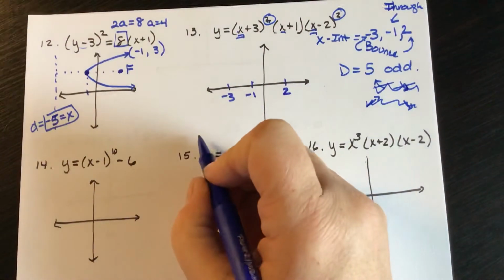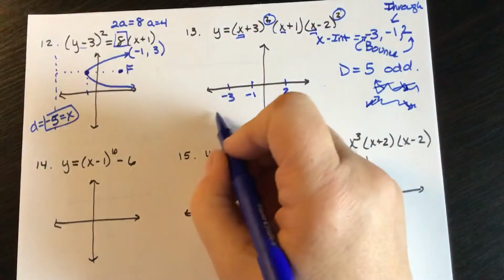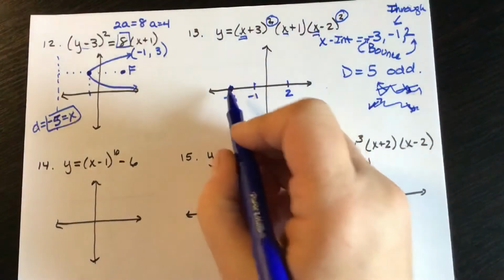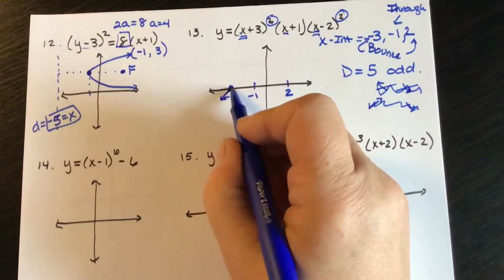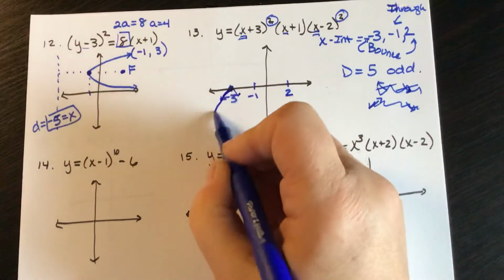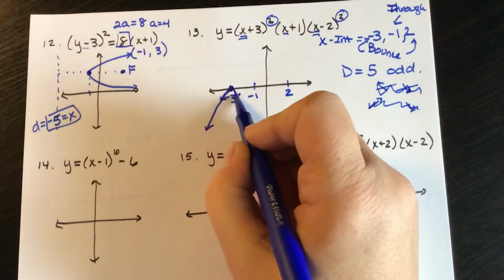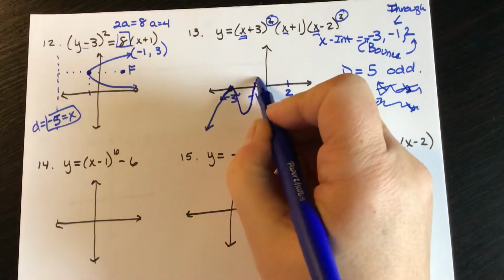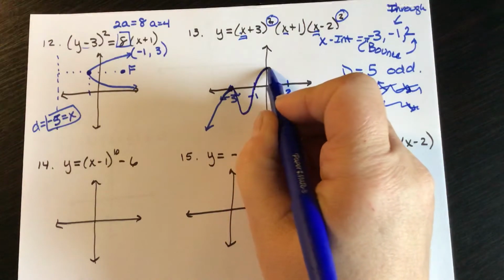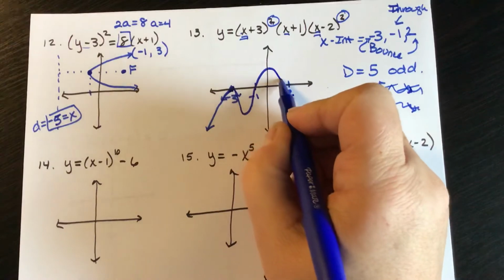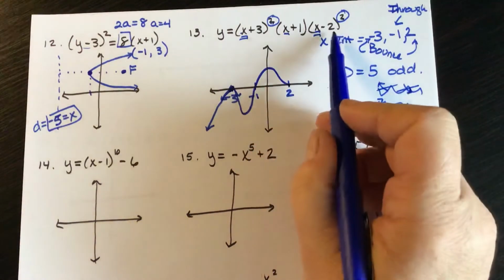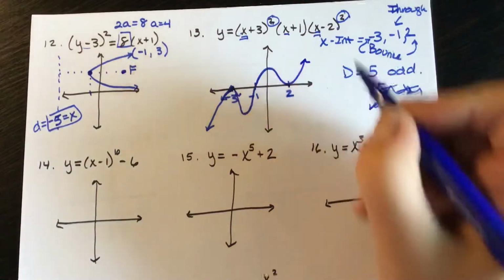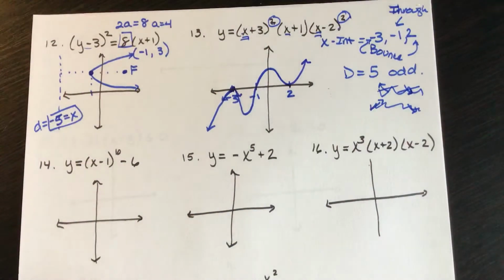So in a positive, I start this way. So I'm going to hit -3, and it's going to bounce. So I'm going to go this way and this way. So here I'm going to come back, and I'm going to go through -1, and I'm going to turn, and I'm going to hit 2, and I'm going to bounce here and end up going that way.